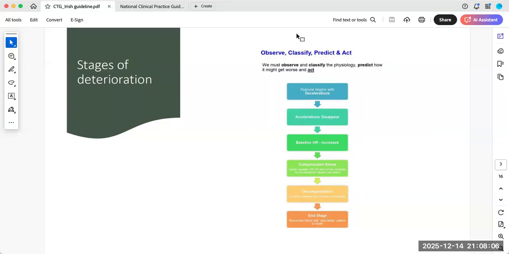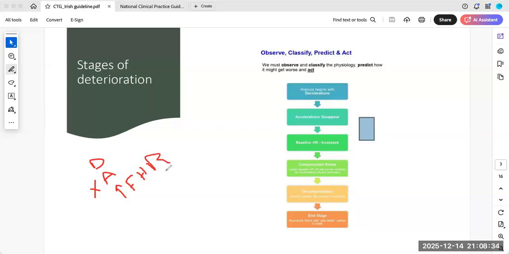Then the baseline fetal heart rate increases. As you can see here, this is the third step of the development of hypoxia, right? So if I have this situation, deceleration, loss of acceleration, and increase of the baseline fetal heart rate, now I am midway in the changes to hypoxia.